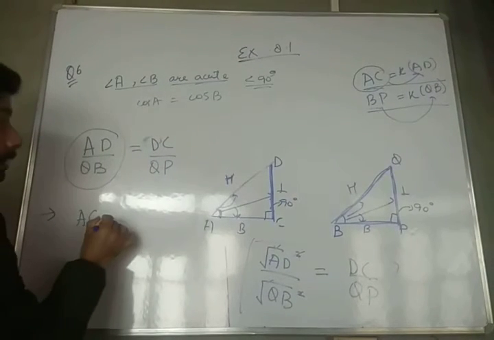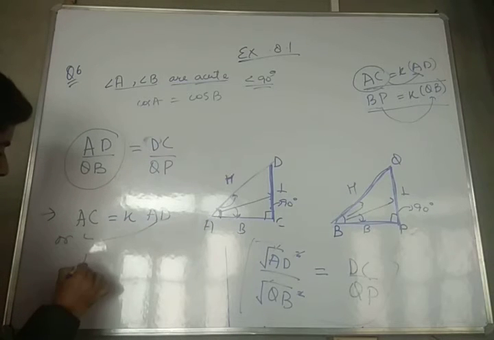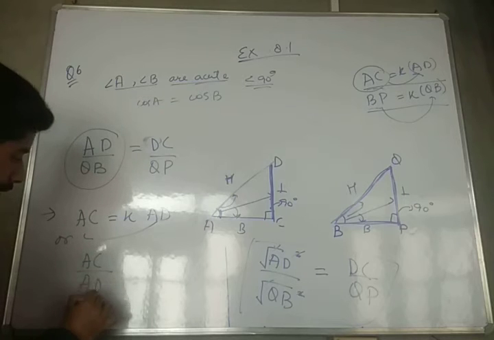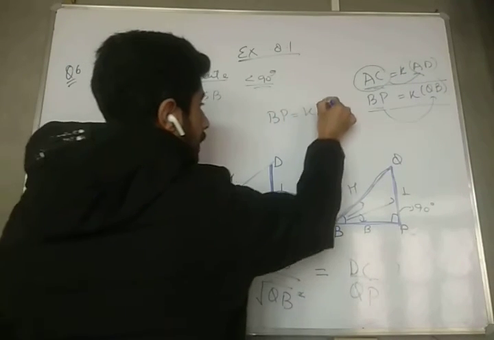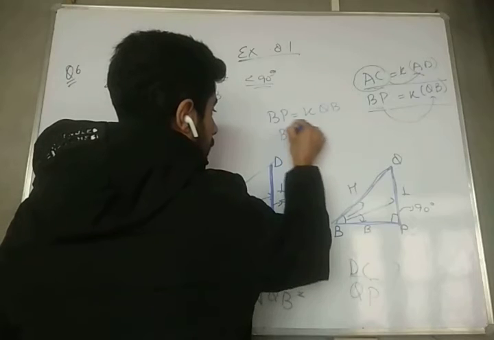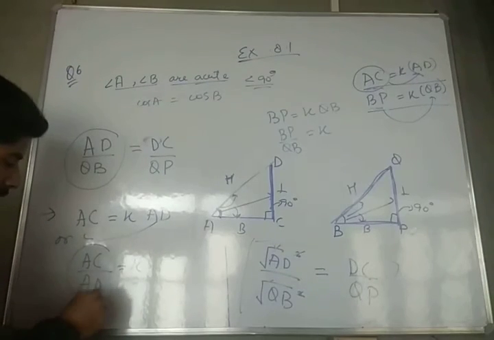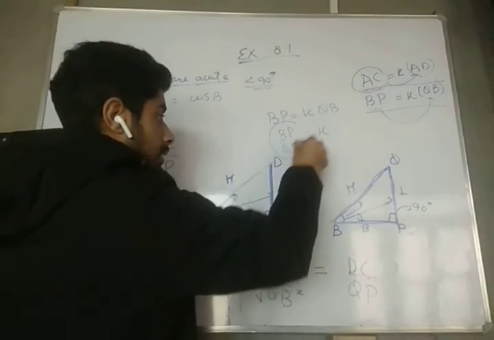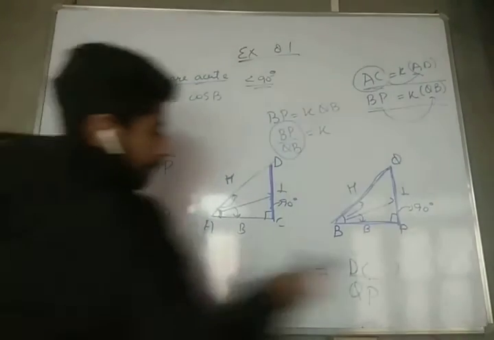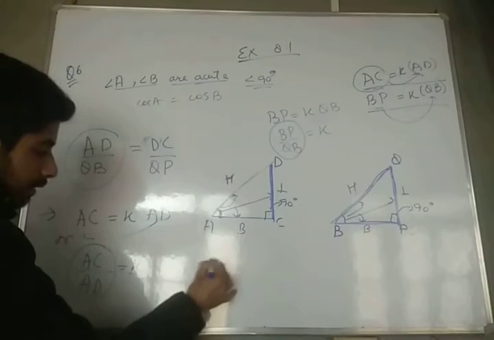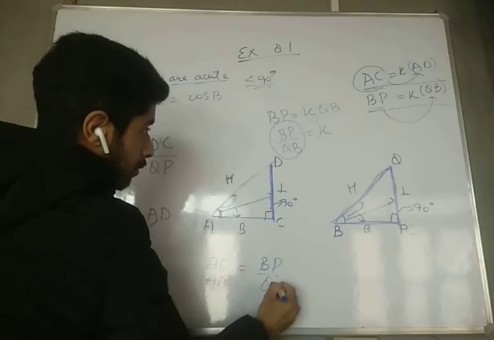This is AC, it's equal to K times AD, so AC by AD is equal to K. Similarly from this, BP is equal to K times QB, or BP by QB is equal to K. Basically, what I mean to say is this AC by AD is equal to this BP by QB, because both are equal to K.